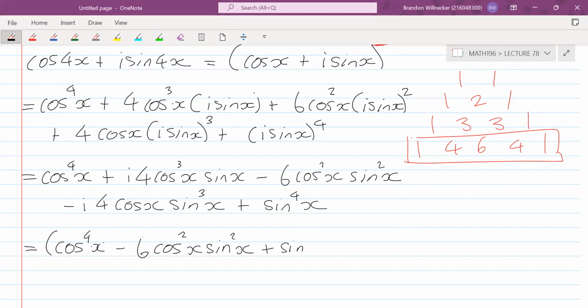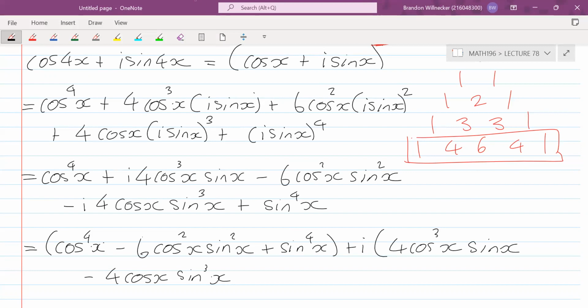So plus sine 4x. Okay, and then we can have plus r and then all the imaginary parts. So 4 cos cubed x sine x, and then minus 4 cos x sine cubed x.